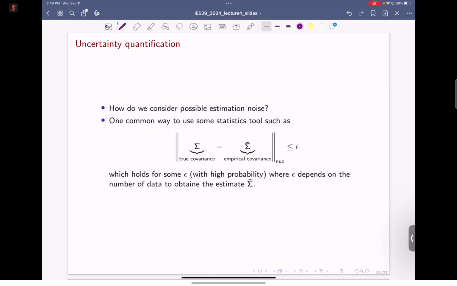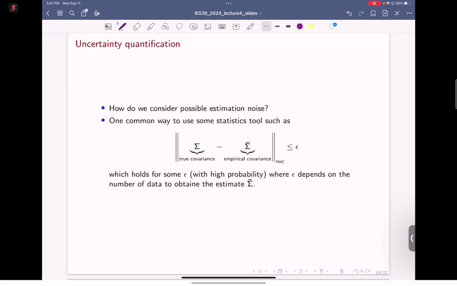Again, this is the unknown covariance matrix, and this is my estimated covariance matrix. You can measure the noise or error in terms of the number of data points. In theory, if the number of data points is infinite, then you can set epsilon to 0. But let's assume epsilon is given here.